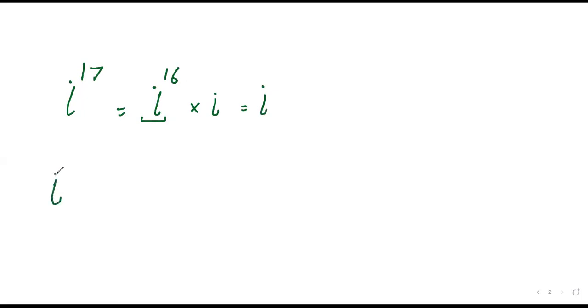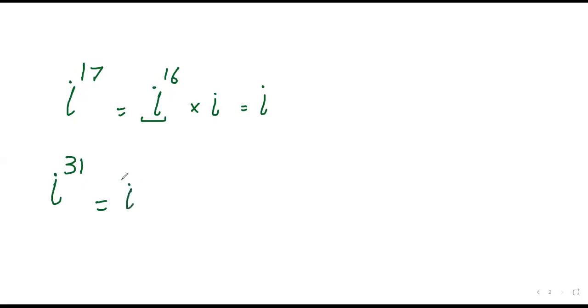What about i raised to the power of, let's say, 31? Is 31 a multiple of 4? No, 31 is not a multiple of 4. So what is the multiple of 4 less than 31? Directly before it is 28.